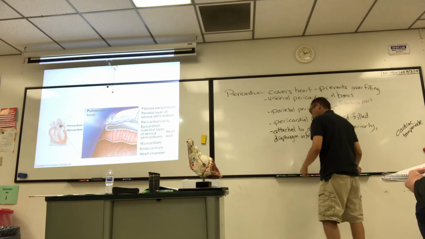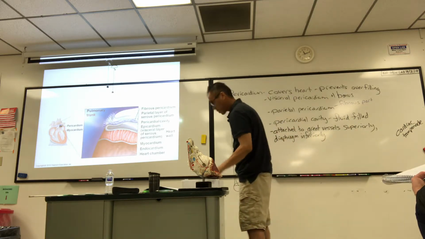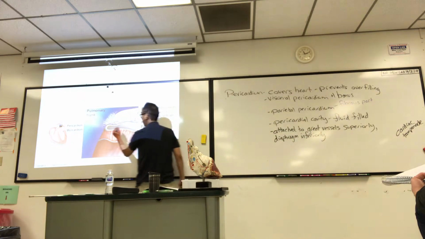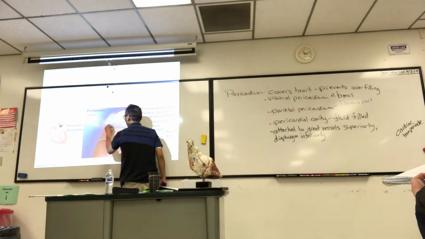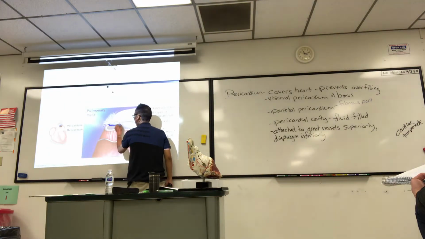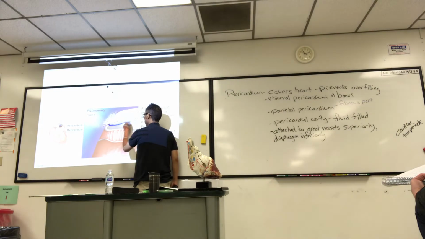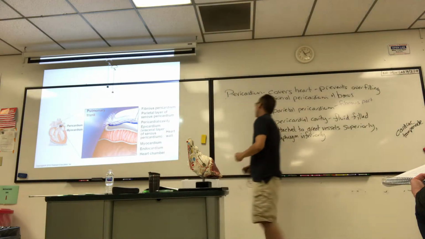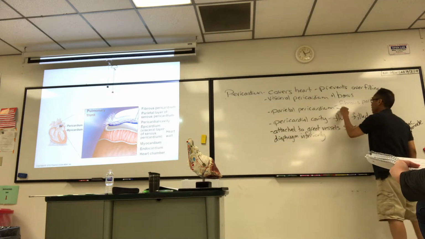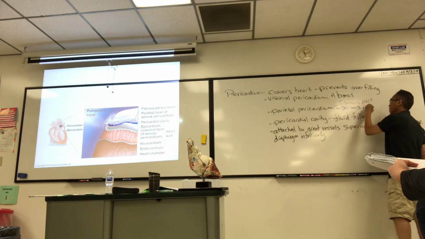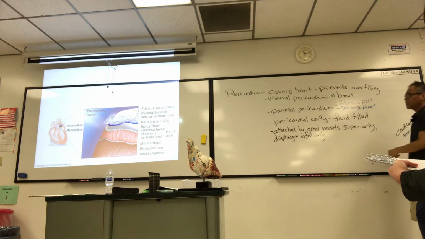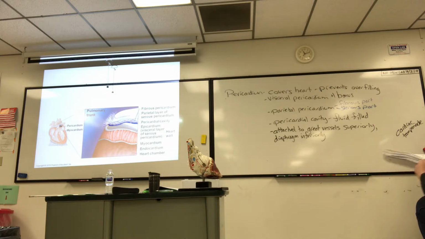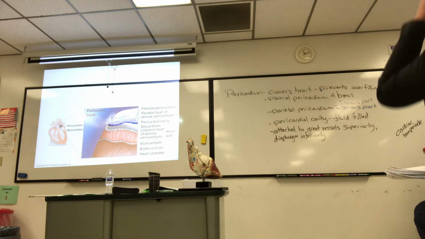Now there's a serous part of the parietal pericardium. Let me use a different color. How about blue? So this is the serous part of the parietal pericardium, okay? That's the part that secretes fluid that fills the pericardial cavity. But notice that this serous part folds in on itself and becomes, on top of the heart wall, the visceral layer.